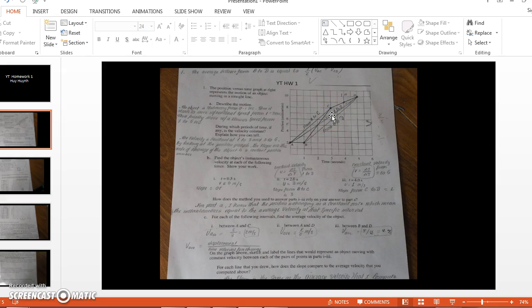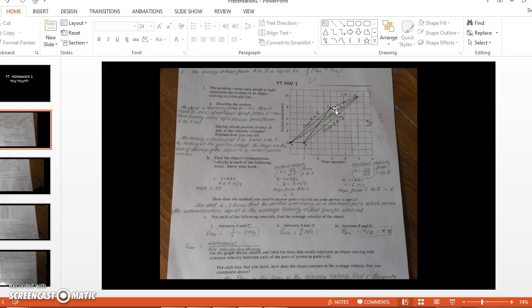So the velocity is constant from 1 to 3 and from 3 to 5, because by looking at the graph, you can see that the slope of the graph from 1 to 3 is straight, and from 3 to 5 is also straight.